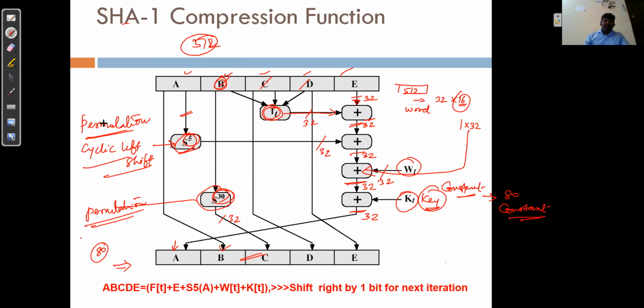I was explaining that if the 512 bits are divided into sub blocks where each sub block is 32 bits, we will get only 16 words or 16 sub blocks, but here we need to process 80 steps, so there is a shortage of 64 words.